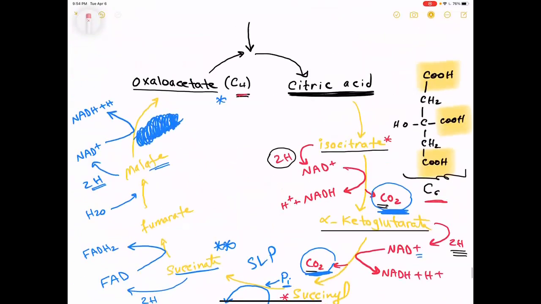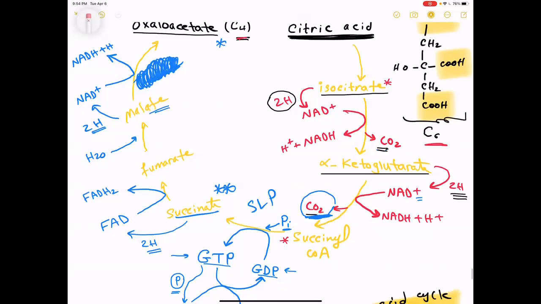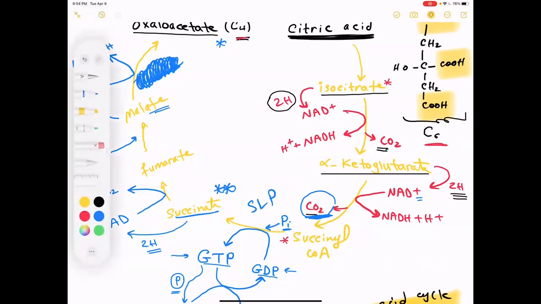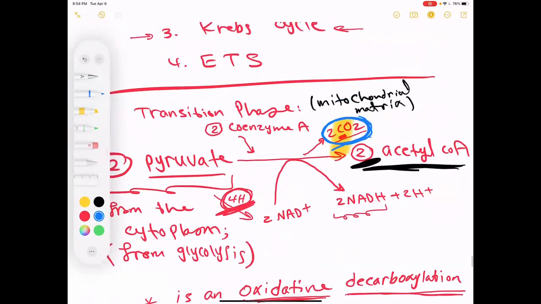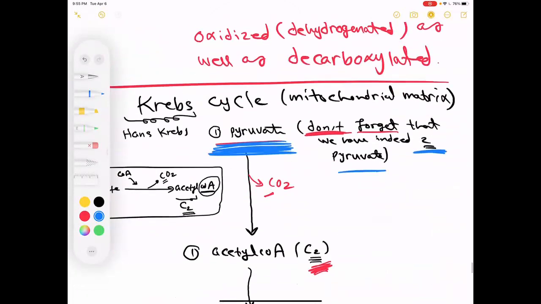So every firing of the Krebs cycle is releasing 2 CO2. I'm going to fire that cycle twice. That's 4, and the 2 you release in the transition, that's your 6. I'm done oxidizing the sugar. Where are you done oxidizing?